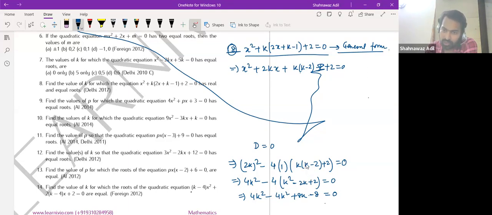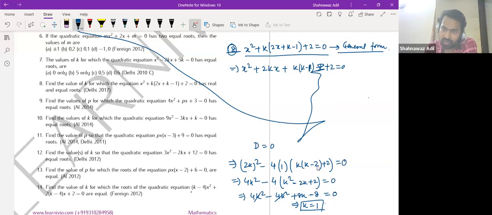So k square minus 2k plus 2. Right. And how did you guys get 1? So how 2k? You said k square minus 2k plus 2. Oh, this is minus 1.